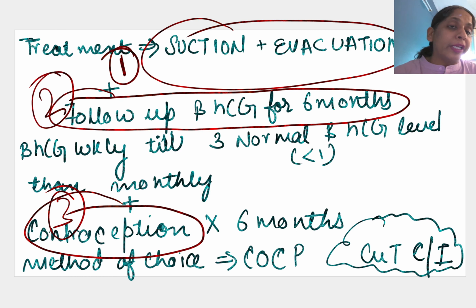So we explain to the patient that two sperms got fertilized. So now we have to do suction evacuation, follow up beta HCG for 6 months, and you have to use contraception for 6 months. So three things you have to keep in mind, and those snowstorm appearances are hydropic villi which have imbibed water.